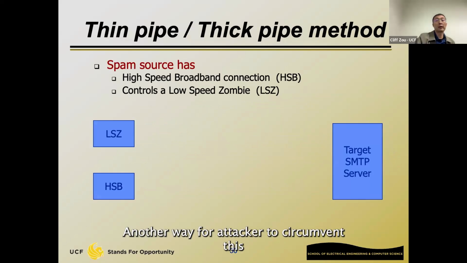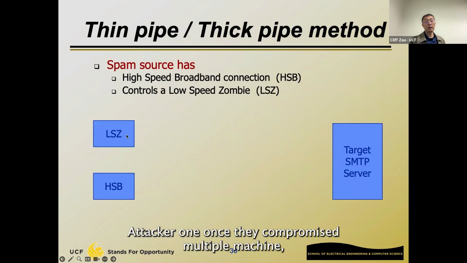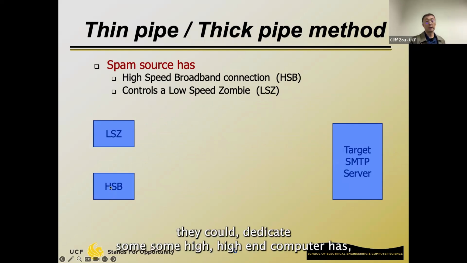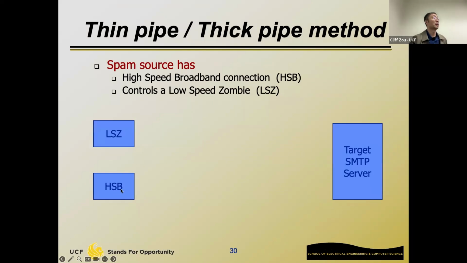Okay, another way for attackers to circumvent the blacklist is using the so-called SIG-pipe method. Once attackers compromise multiple machines, they could dedicate some high-end computers with a high-speed broadband connection as the precious computers.